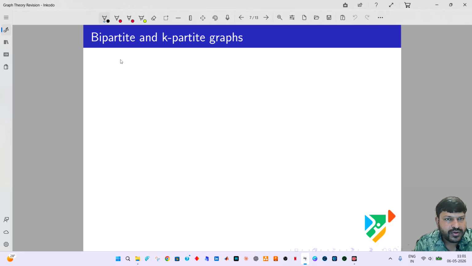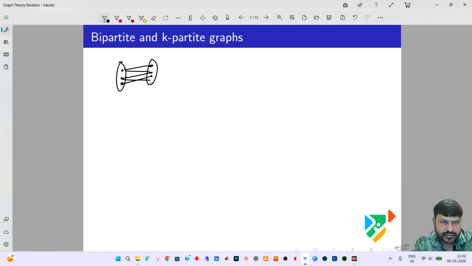Bipartite graph. What is a bipartite graph? You have a graph and you are able to partition the vertices into two parts such that in each part no pair of vertices are adjacent, and if adjacency exists, it exists between a pair of vertices from two different parts. So pictorially it represents like this.